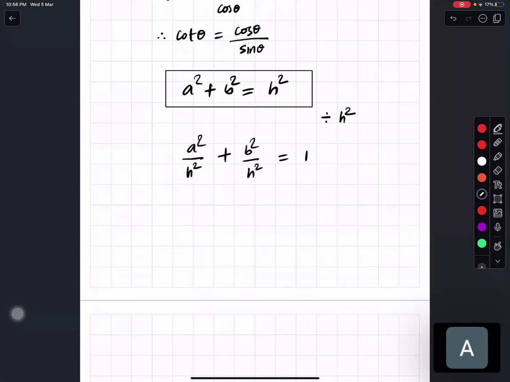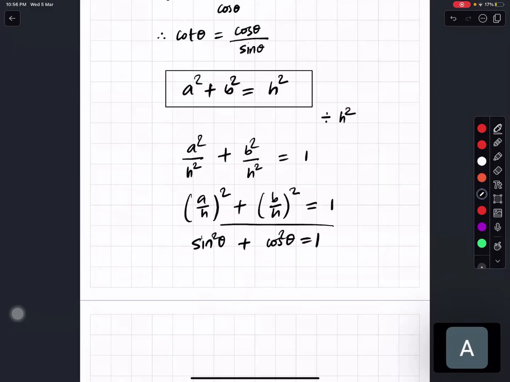That is sine squared theta plus cos squared theta is equal to 1. This is one identity.